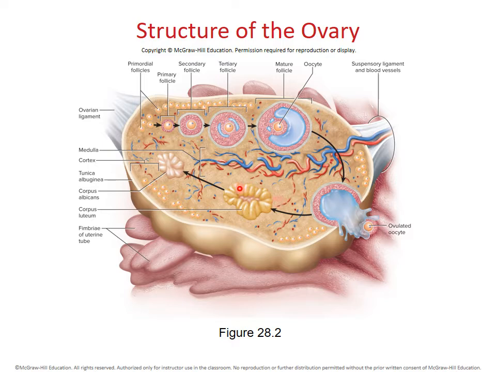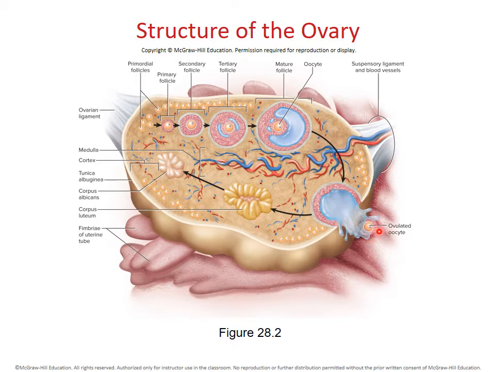The corpus luteum is a glandular structure. Luteal means yellow, and it literally is yellow in color due to the accumulation of fat, adipose tissue within it. But the glandular tissue of the corpus luteum becomes a very important source of hormones that are going to maintain pregnancy if the ovulated oocyte is fertilized.